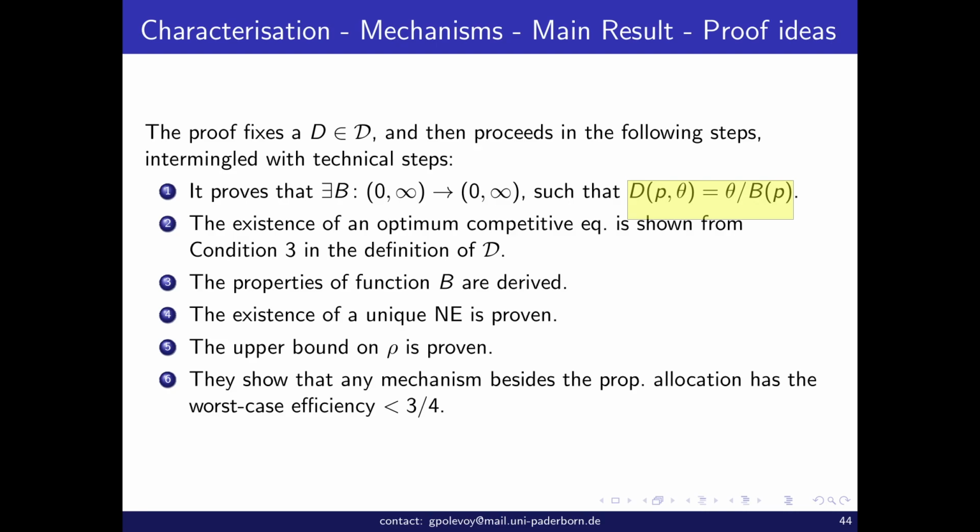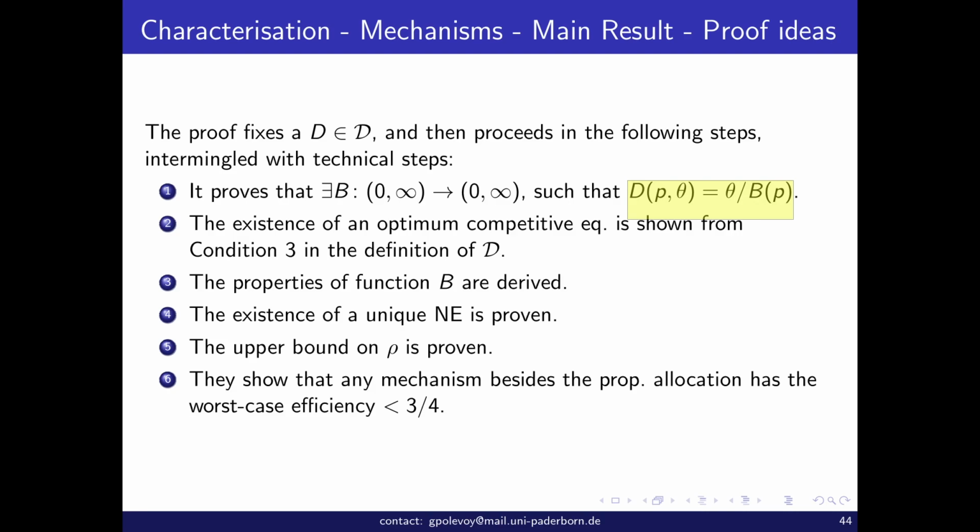That is shown from condition 3 in the definition of D. I remind you that it is the onto condition, so that any share can be achieved by an appropriate bid for any price. In that way we can also achieve a competitive equilibrium, which is optimal.